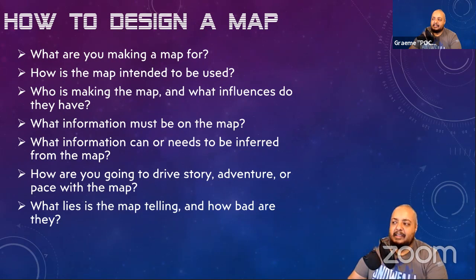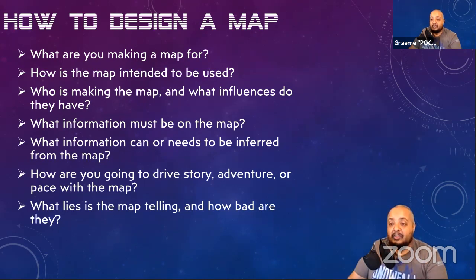The next one is, who is making the map and what influences do they have? And what I mean by that is, as Socioclips asked earlier, are you getting it from the Cartographers Guild or the local barkeeper, and it's written on the back of a napkin? Okay, who's making the map? What's it made of?